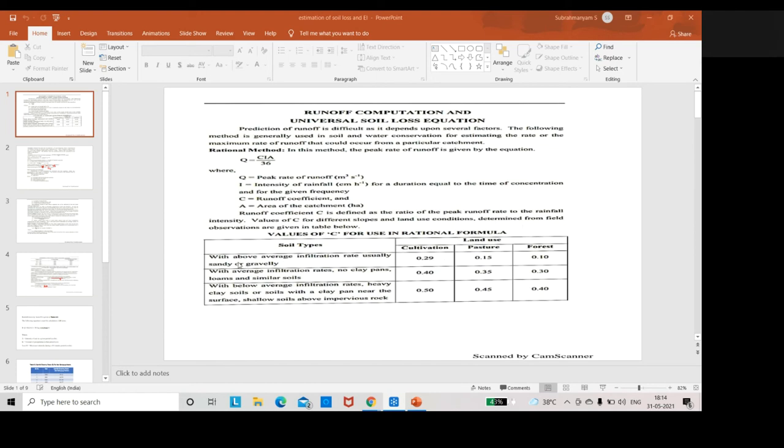Suppose the soil has above average infiltration and is used for cultivation, then the C value is 0.29. The same soil type used for pasture has a C value of 0.15, and the same soil type used for forest has a C value of 0.1.